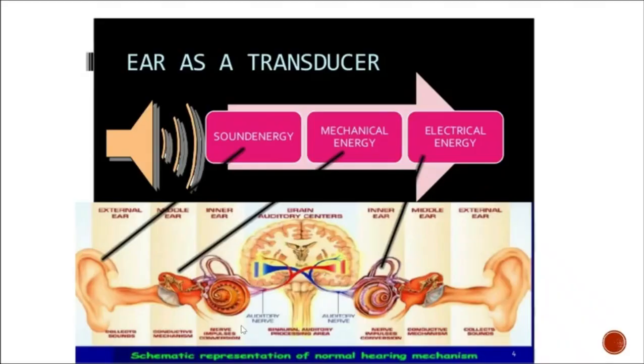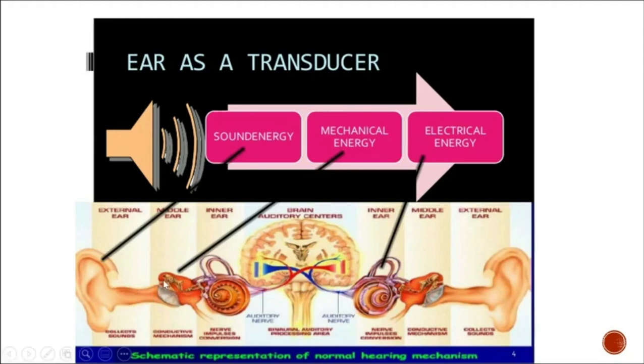So what is the ear? The ear is a transducer. How is it a transducer? It converts the sound energy coming from outside, causing vibration of the handle, the anvil, and the stirrup, which is called the stapes, into mechanical energy.